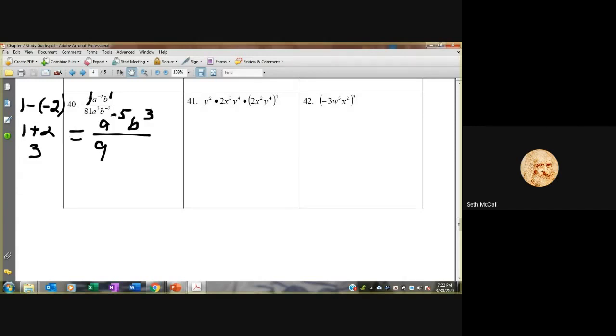So this is one of these weird kind of instances where we still have other stuff to do, even though it almost seemed like we were going to be done, because the power itself cannot be negative. So the a to the negative 5 needs to go to the bottom. The b to the third is still on top, okay? But we're going to have the 9 on the bottom, and then we have a to the fifth. There's your final answer.